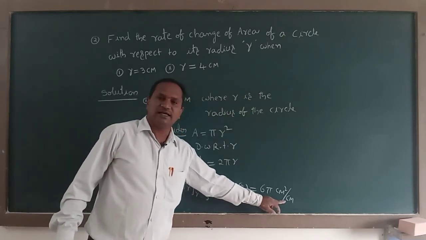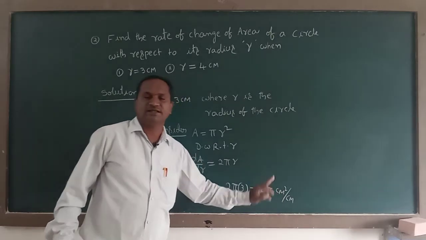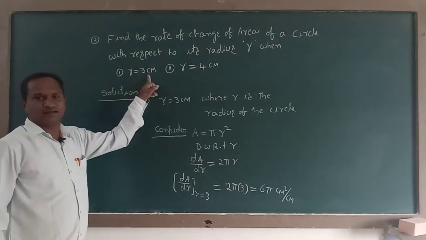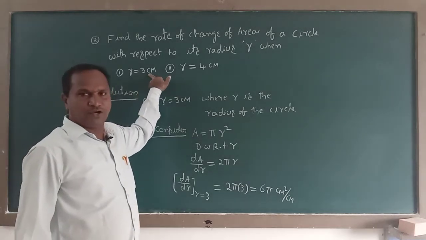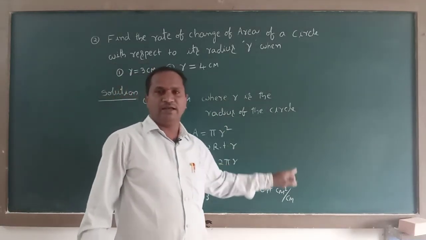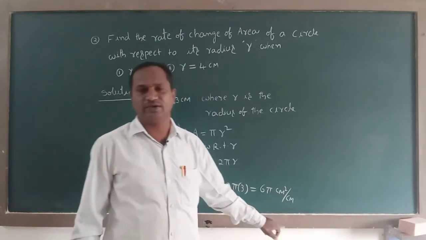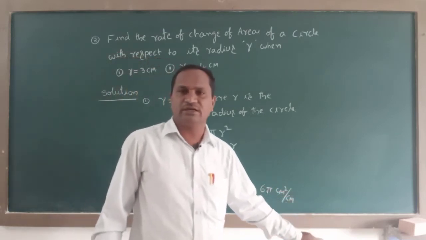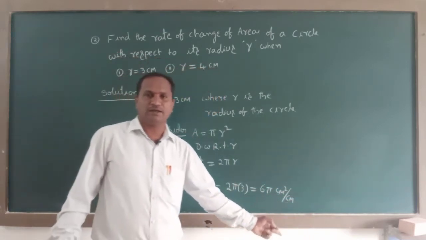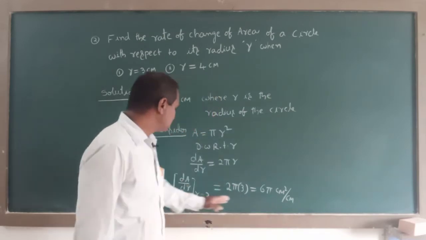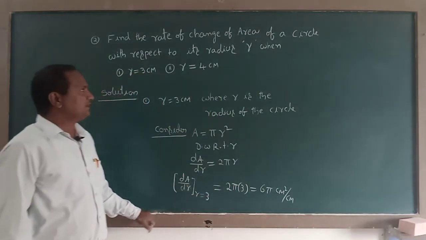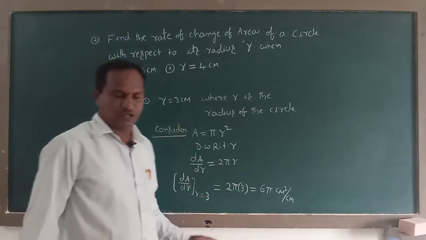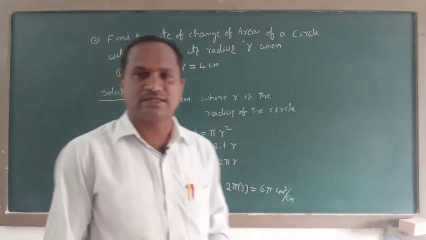With respect to r, they are asking means centimeter square per centimeter, because the mentioned measurement of r is centimeter, and generally the unit for area is centimeter square, that's square units. They give centimeter, so according to square units we write centimeter square per centimeter. It is the answer for the first question. Next, the second question is r is equal to 4 centimeters. Now let us give the answer for the second question.